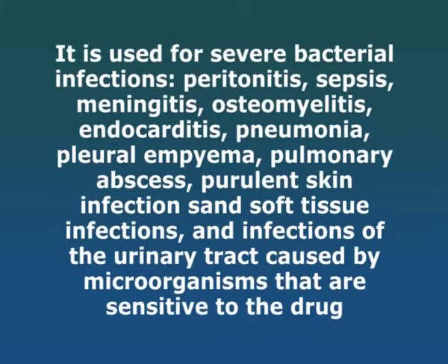Tobramycin is highly active with respect to gram-negative microorganisms as well as gram-positive microorganisms. It is used for several bacterial infections: peritonitis, sepsis, meningitis, osteomyelitis, endocarditis, pneumonia, pleural empyema, pulmonary abscess, purulent skin infections and soft tissue infections, and infections of the urinary tract caused by microorganisms that are sensitive to the drug.